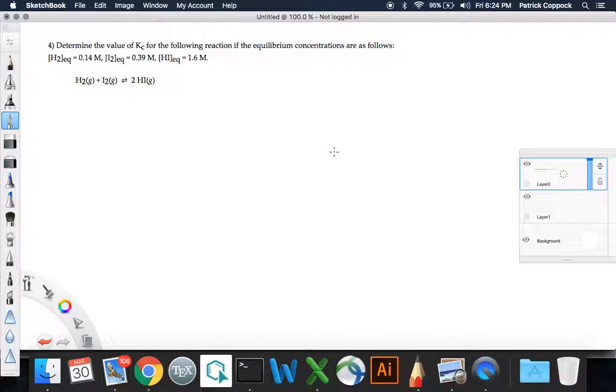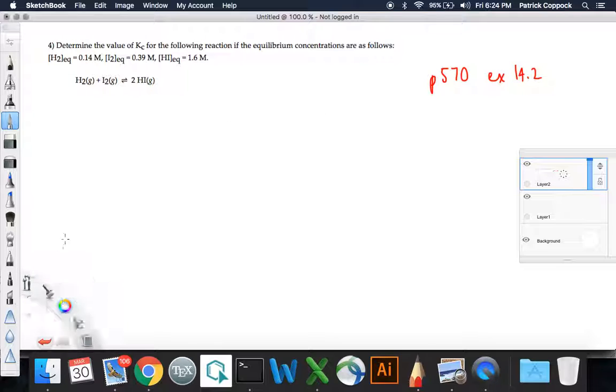Determine the value of Kc for the following reaction. Alright, yeah. So this is like page 570, example 14.2. I also did a video on this. I don't know what video number it was, but it would be the section that contains that example.